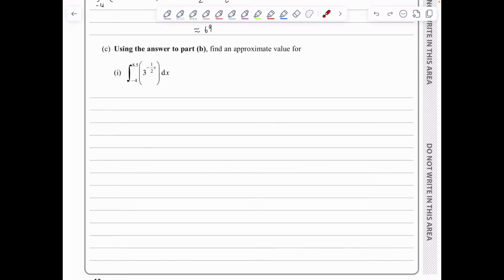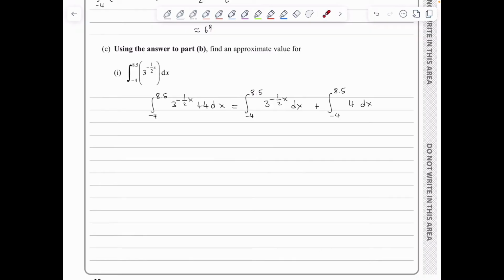We are then asked to use the answer to part B to find an approximate value for this integral. So I will first start by rewriting the integral we just obtained. So from minus 4 up to 8.5, 3 to the minus a half x plus 4 dx, which I will decompose as the integral from minus 4 up to 8.5 of 3 to the minus a half x dx, plus the integral from minus 4 up to 8.5 of 4 dx.